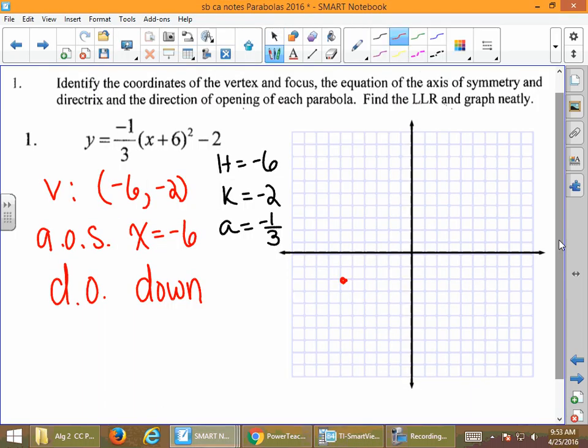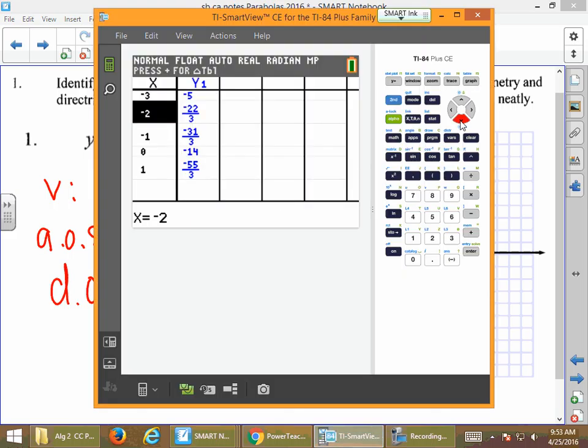And as we scroll through the table, we can find some more points. Clearly, I'm looking for the ones that don't have the fraction in them. So 3, negative 29 is not going to fit on there very nicely.